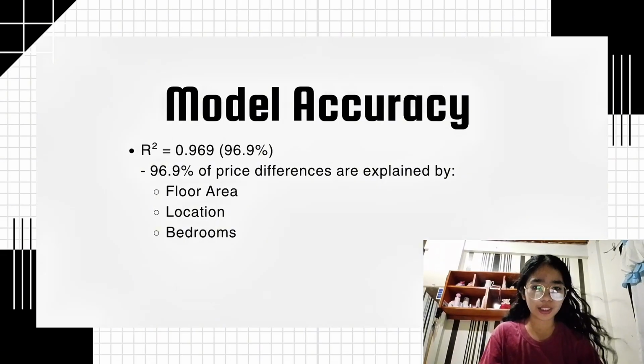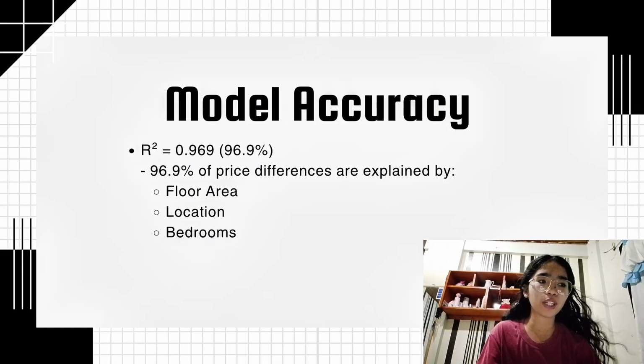For model accuracy, we can see that the model is exceptionally strong, capturing 0.969 or 96.9% of the reason why townhouse prices in Naga City vary.